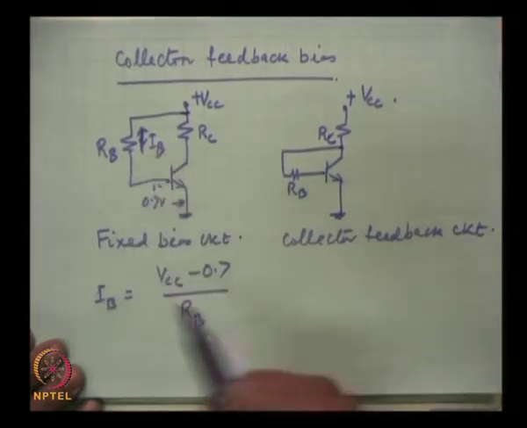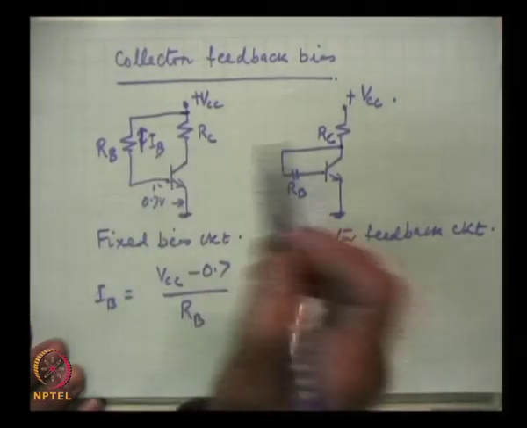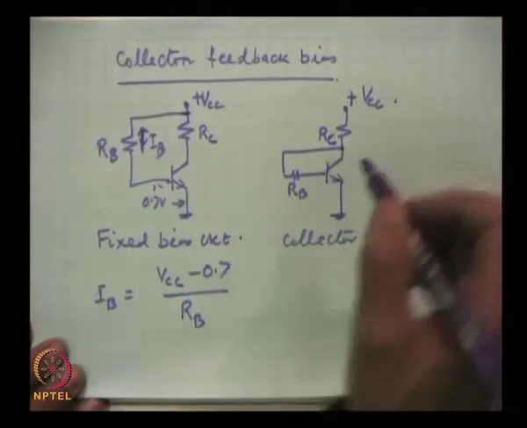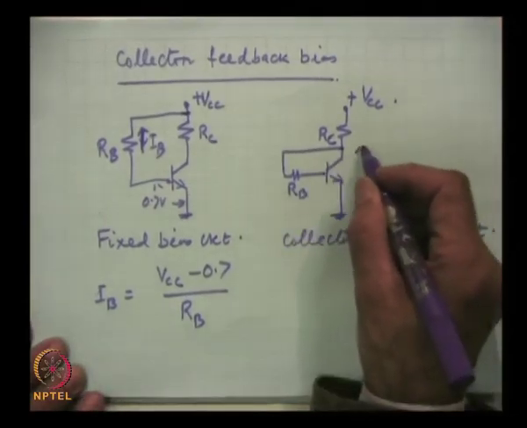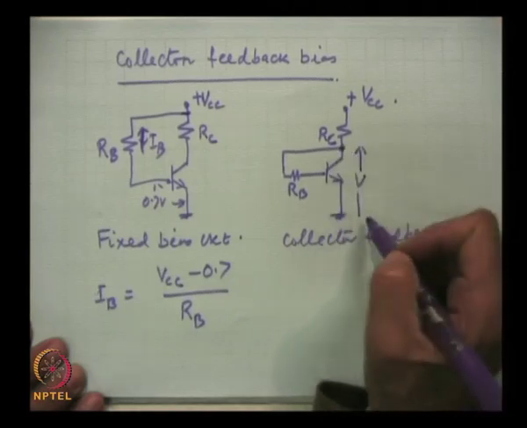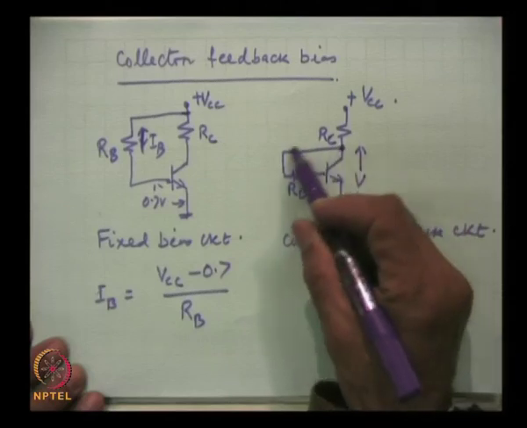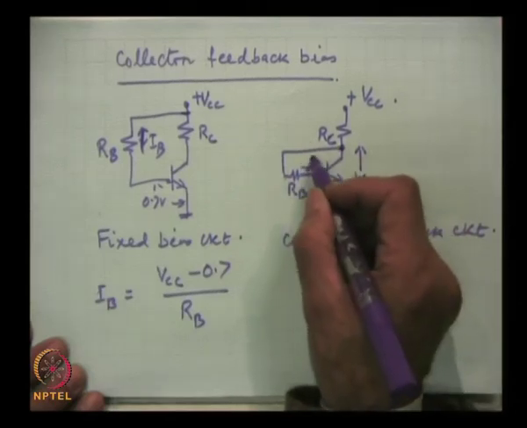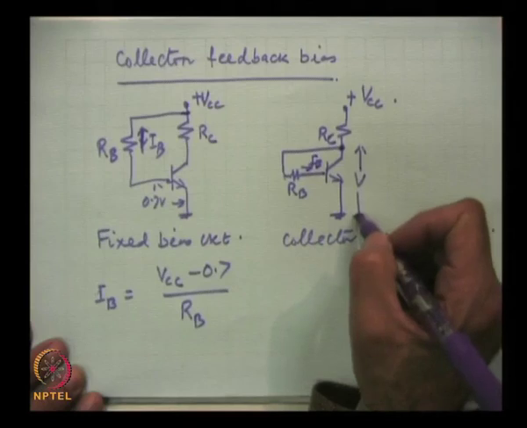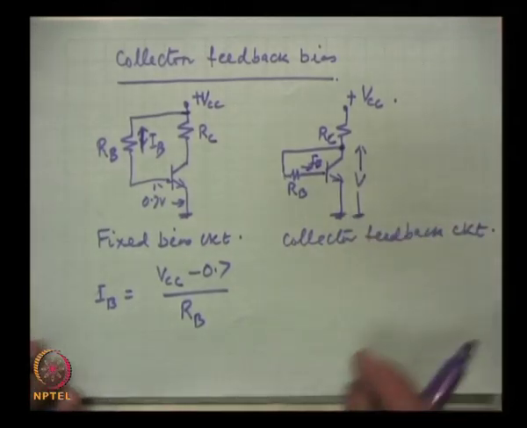So, this is fixed bias and it is never used with bipolar transistors. Here, this voltage between this terminal and ground will control the current IB, and this is variable.